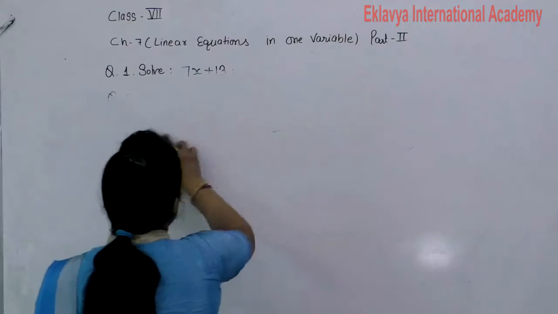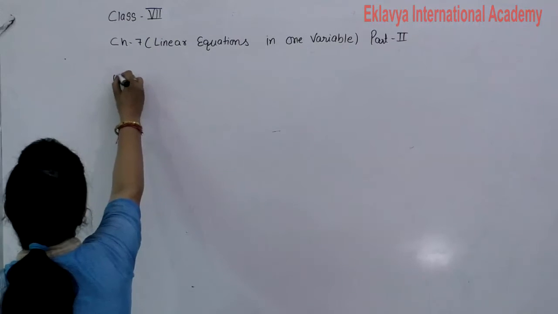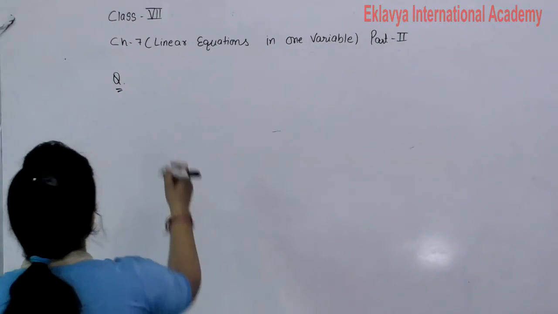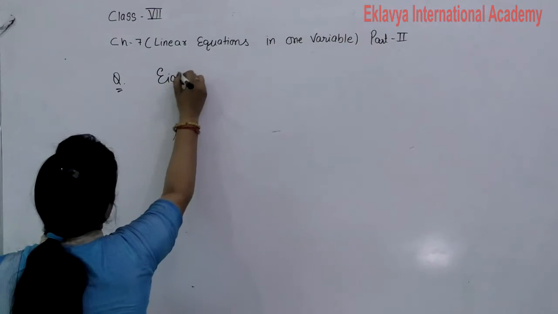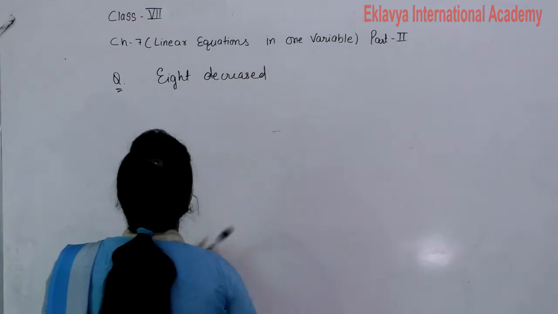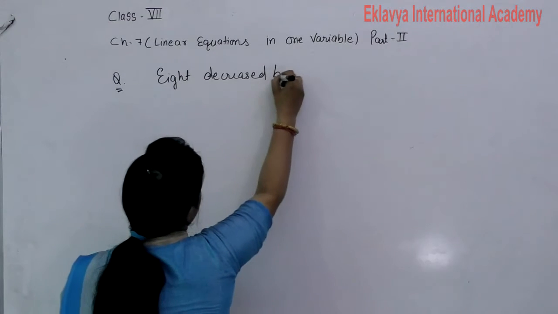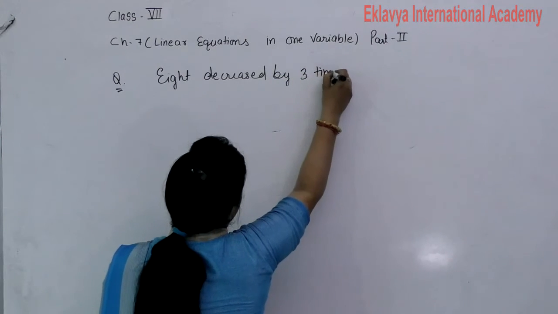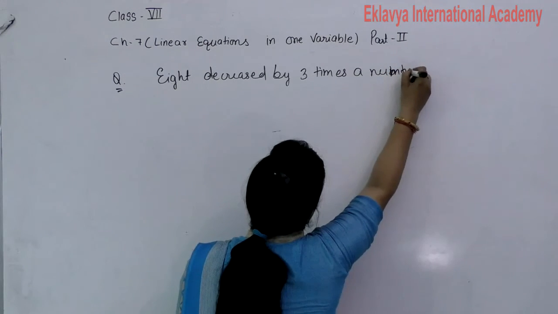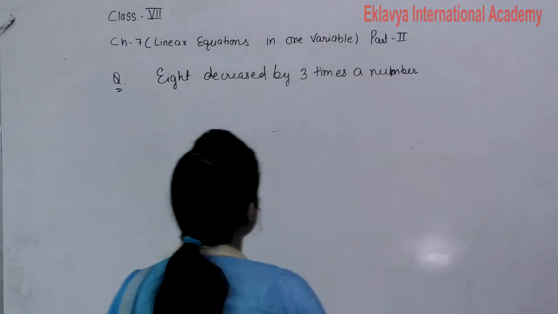Now see one more thing: some statements we can write down as an equation. Suppose it is given to you: 8 decreased by 3 times a number equals to.